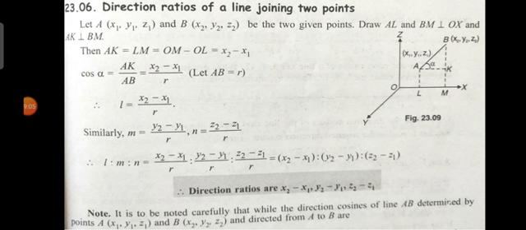This is the construction, and then the direction ratios of the line joining the 2 points are x2 minus x1, y2 minus y1, z2 minus z1.